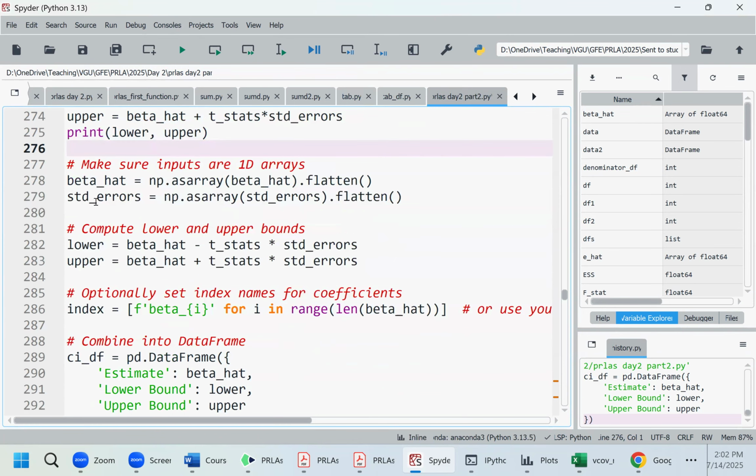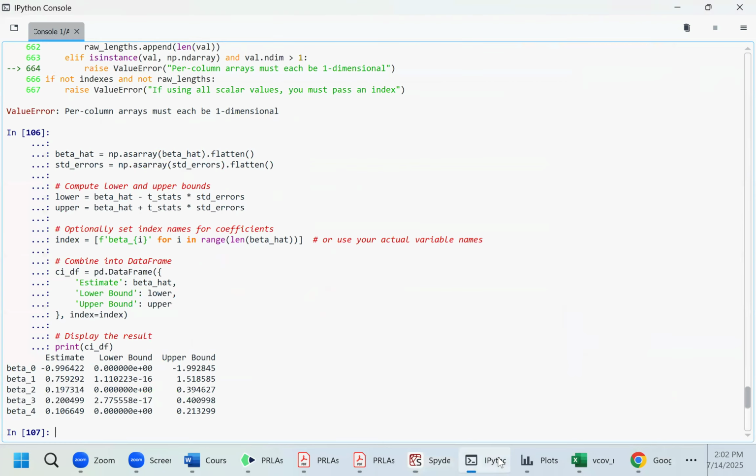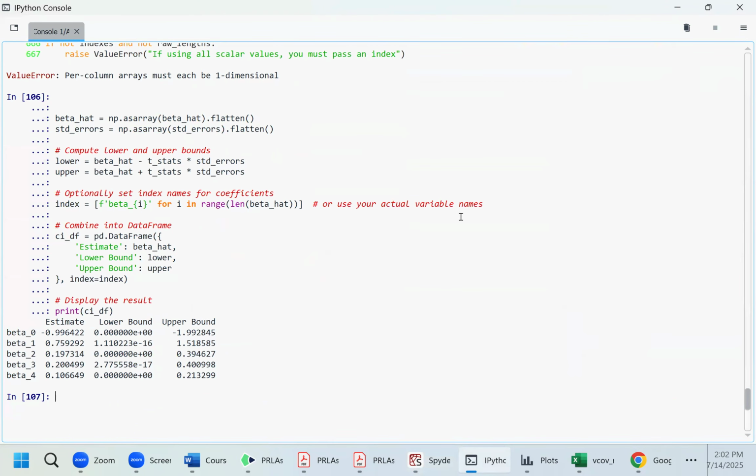So let's say we convert them all. And hopefully we get it right now. Yes. So this is what we would have, right? So we'd have estimate, the lower bound and the upper bound. And I'm pretty sure that they are. Let's just see the one before.